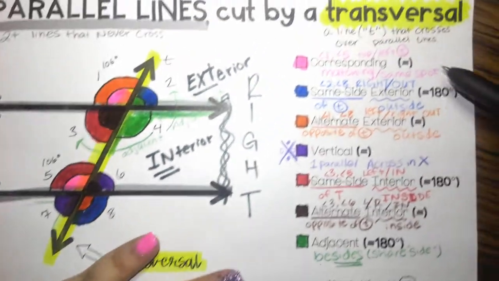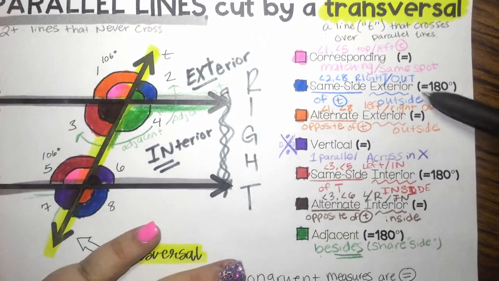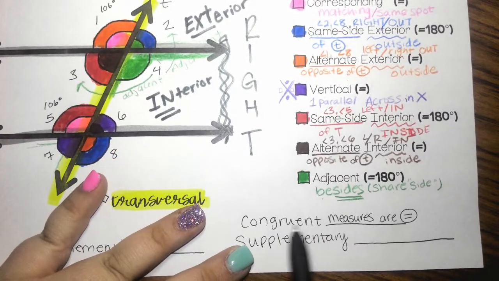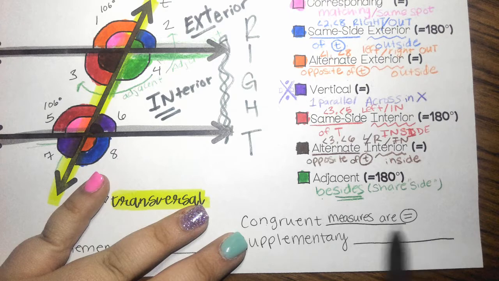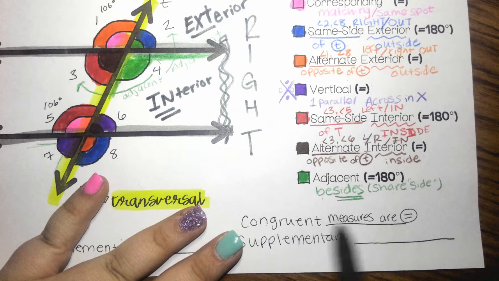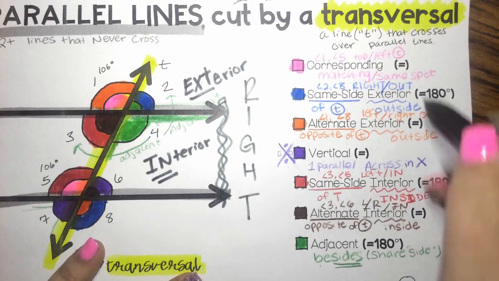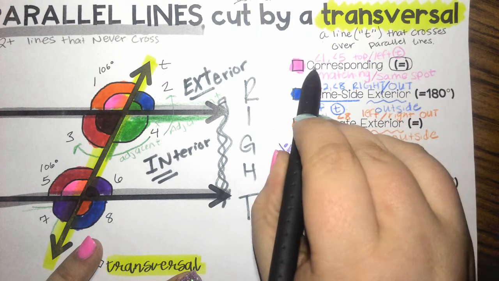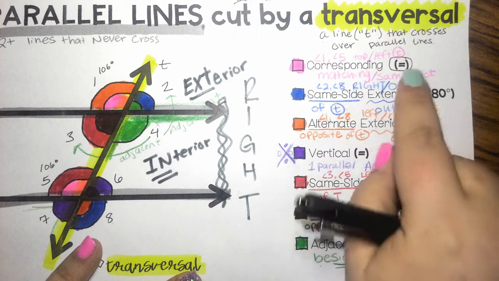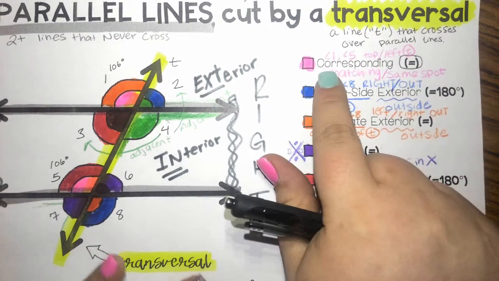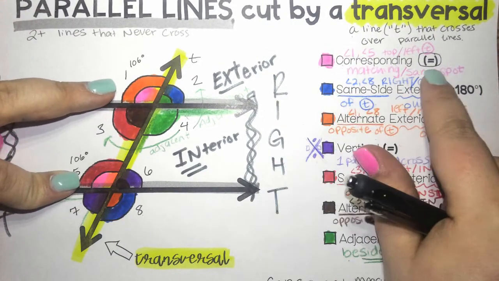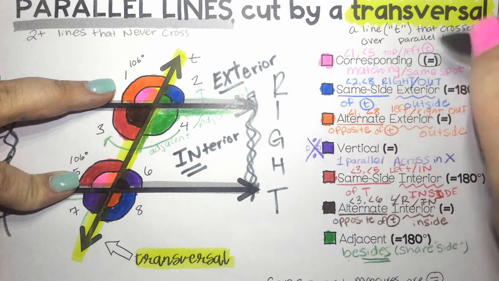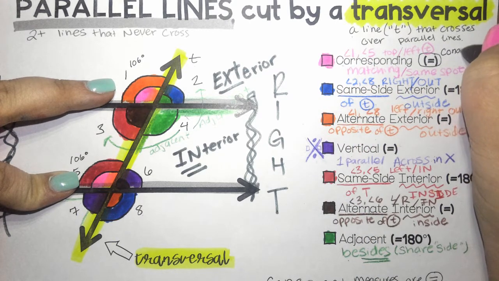All right, so you can see off to the side we've got equal signs and equals 180. So all this is going to show me is that congruent angles have equal measures. So anywhere you see an equal sign means that that vocabulary word, that relationship, means the two angles are equal. You can see angle 1 and angle 5. If they're in the matching or same spot, then they have the same measure. The equal sign means they're congruent.